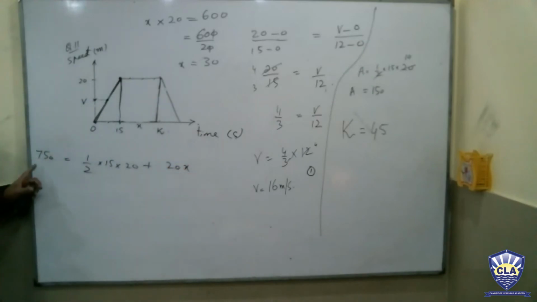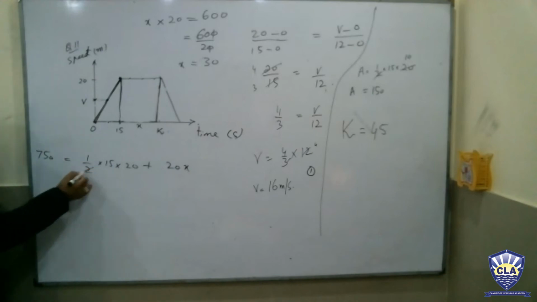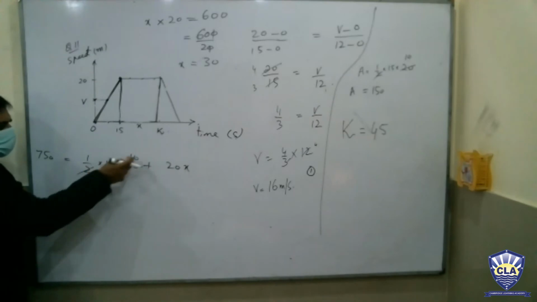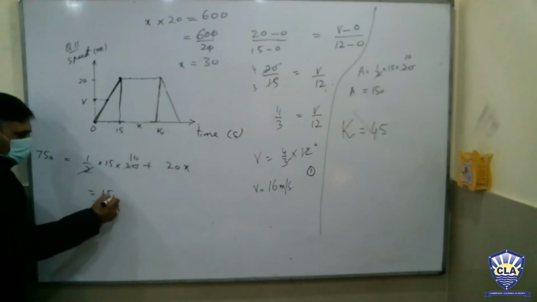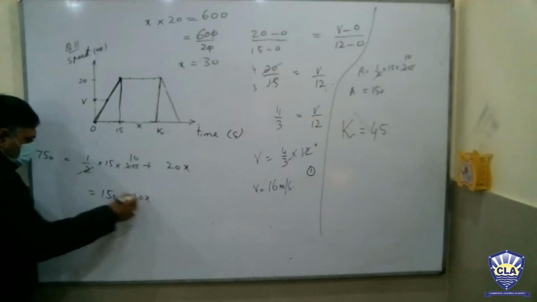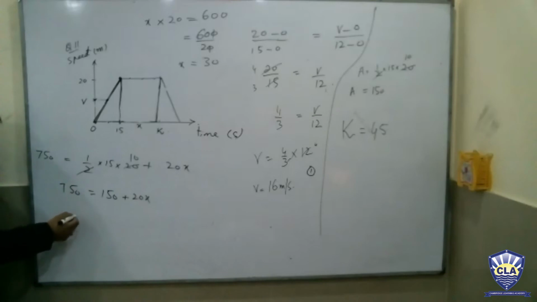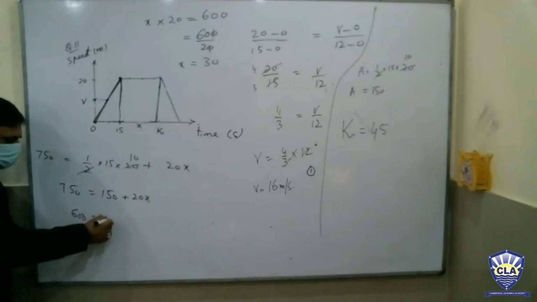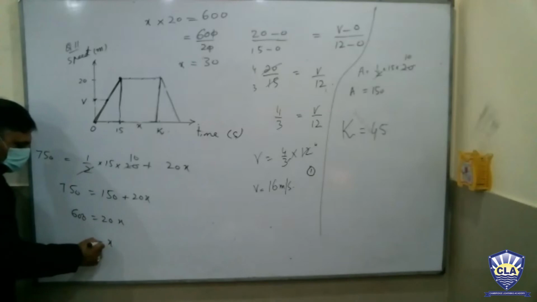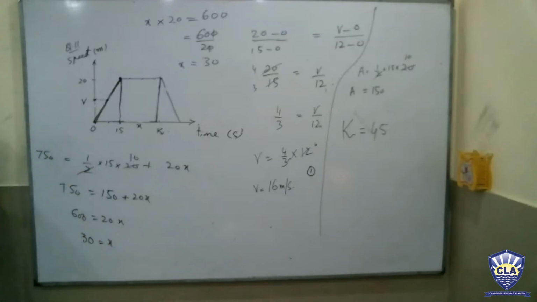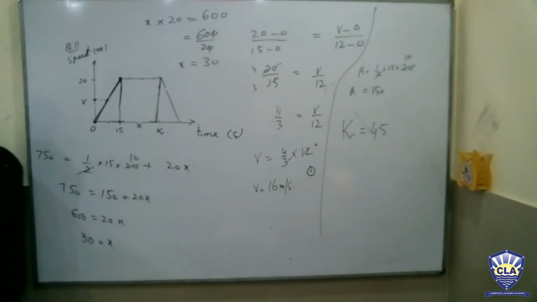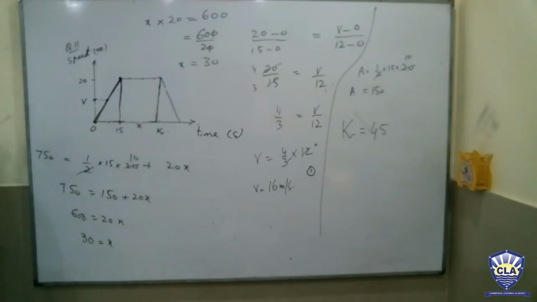All together equals 750. 15 tens are 150, plus 20x equals 750. So 600 equals 20x, x equals 30. With the question, find the value of K.